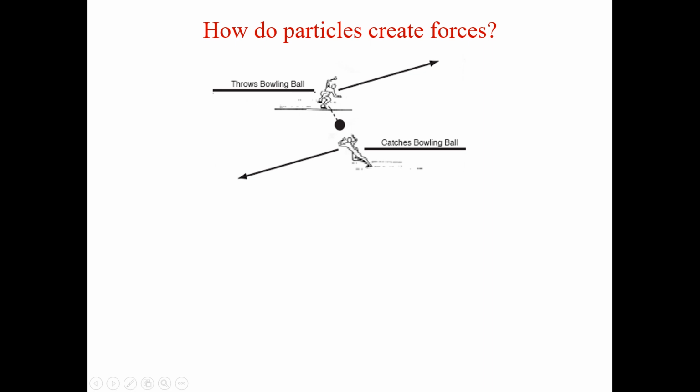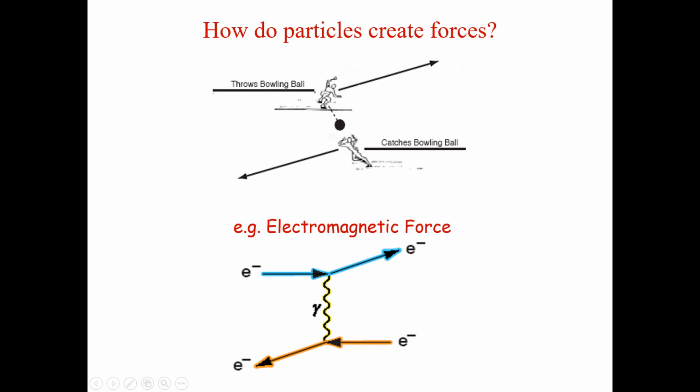We have a person throwing a bowling ball, and as soon as he throws it, he feels a force in the upward direction. Downwards, we have a person trying to catch the ball, and once he catches the ball, he experiences a force in the direction indicated by the arrow.